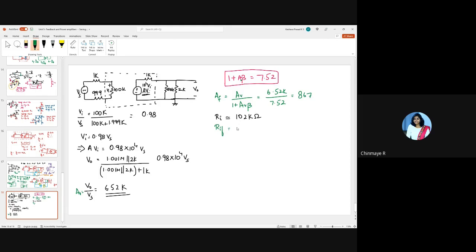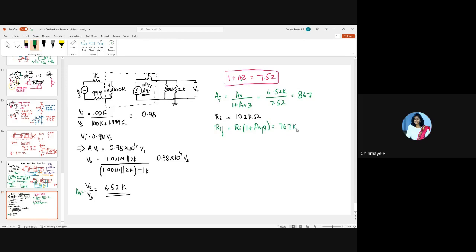So RIF will be RI into 1 plus AV beta. Correct? How much is that? 760, is it? Can you please put it at 767. Okay, 767.